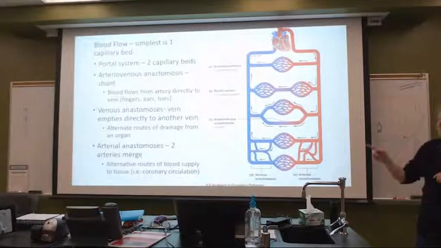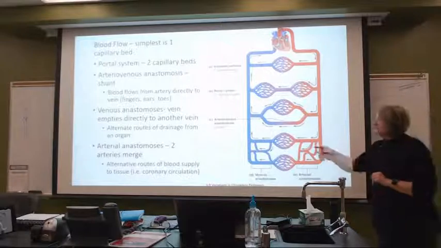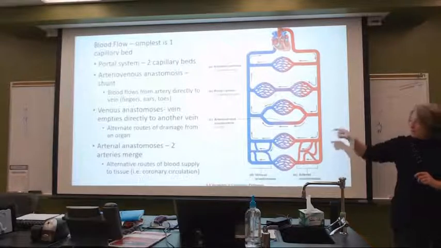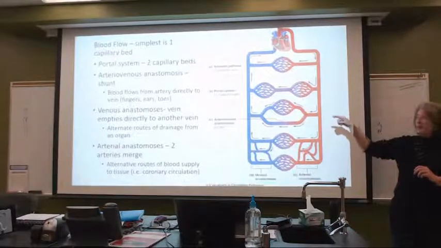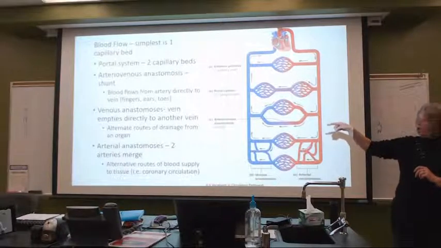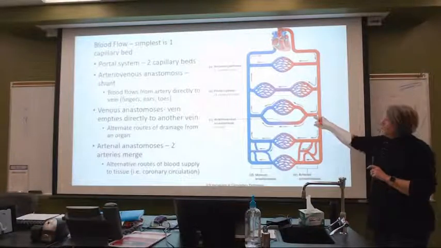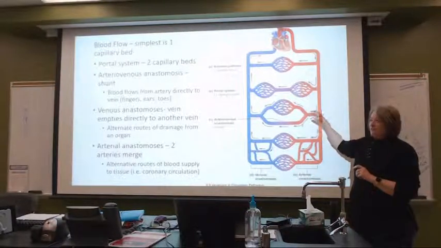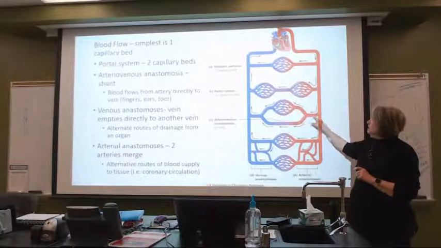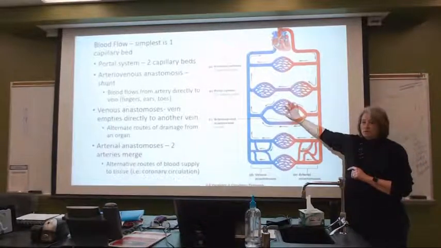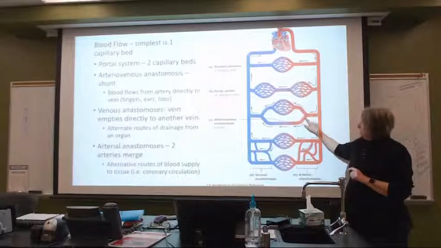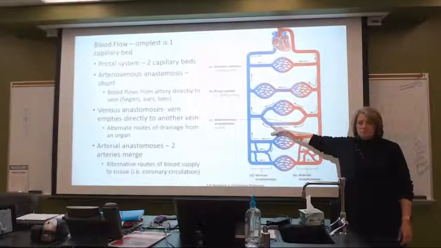So, basically, when we look at this, blood flows from the artery directly to the vein. Meaning, when we have this occur, rather than blood flow going to that capillary bed, it'll bypass it altogether.